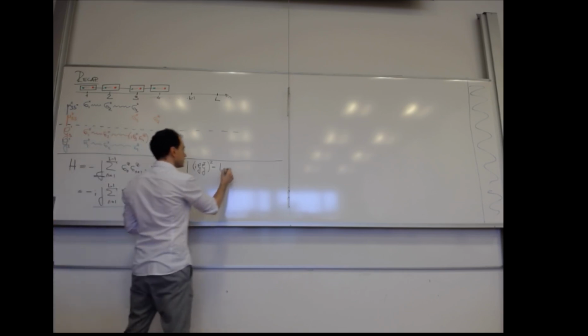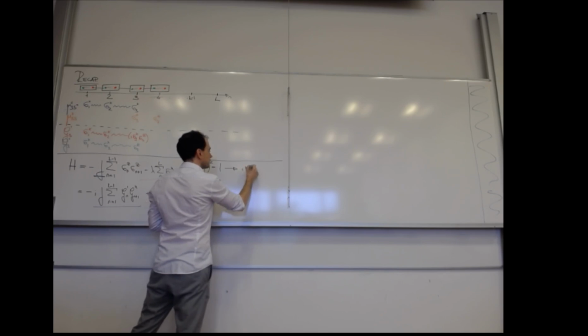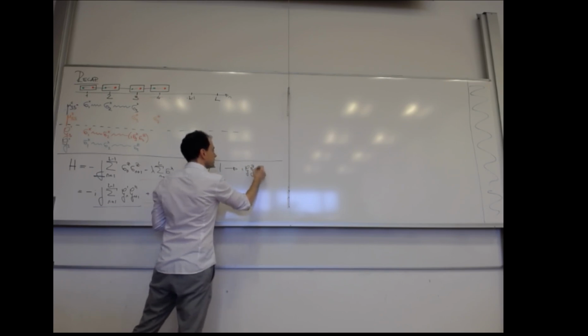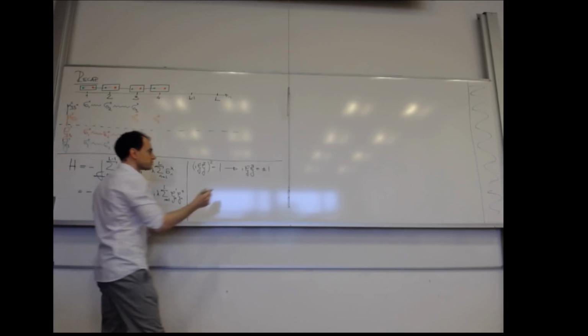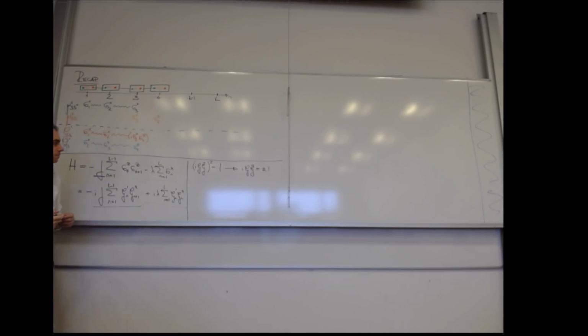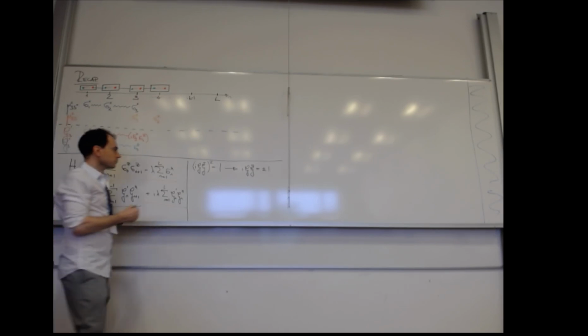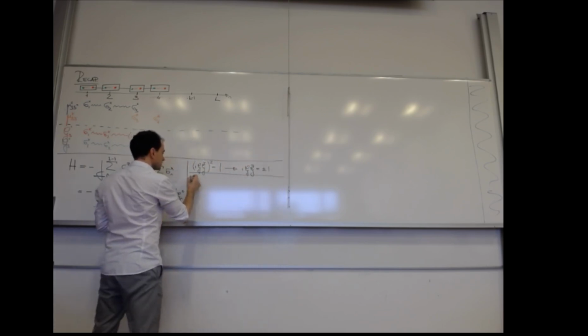Which means that if you go to its eigenbasis, this operator is plus or minus 1. I'm not sure if this is a good notation, but this means the eigenvalue is plus or minus 1. Okay. Next, I discussed the ground states.